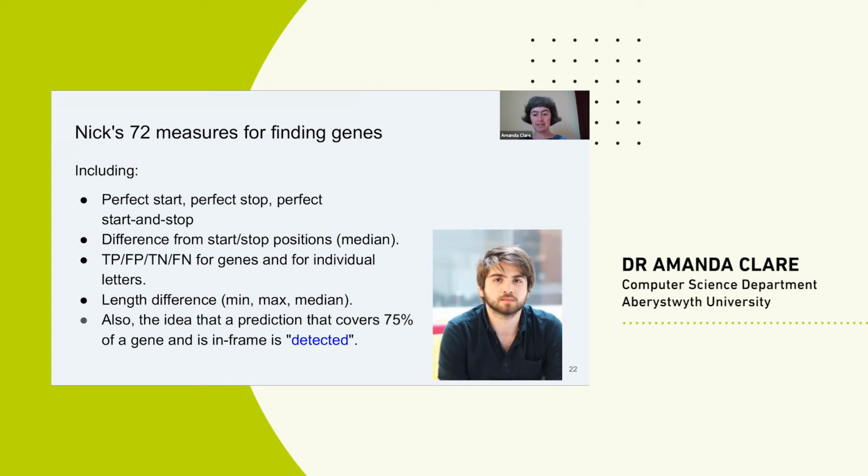We say that's detected rather than just predicted. And so we can count the number of things we found, and we can count the number of things we found that overlap by 75%, and that's much better. And again, 75% we could change as a number depending on what people want out of their data.